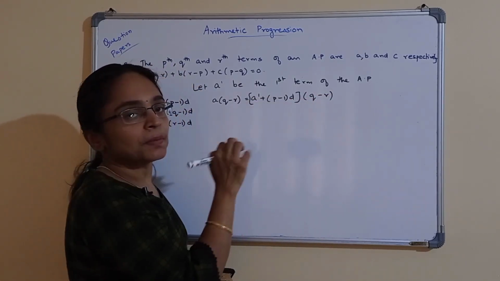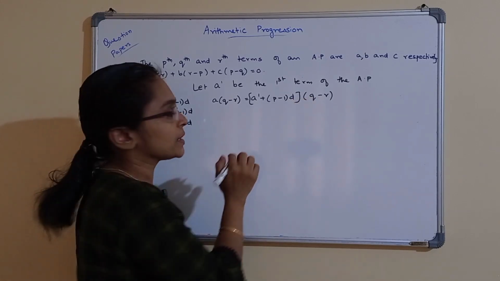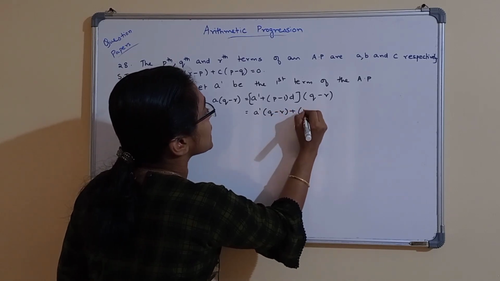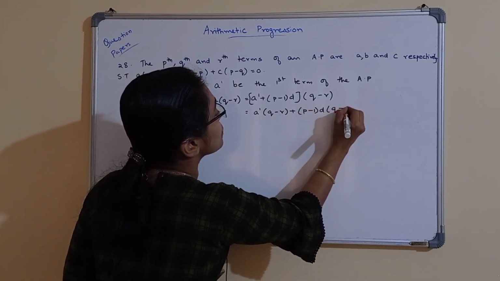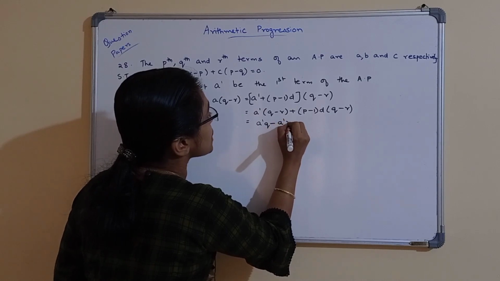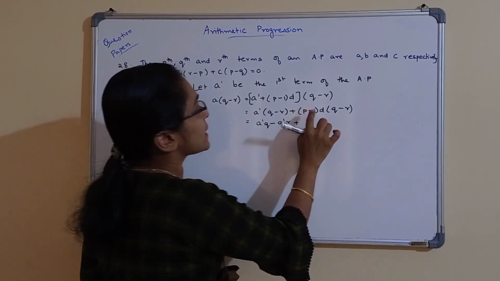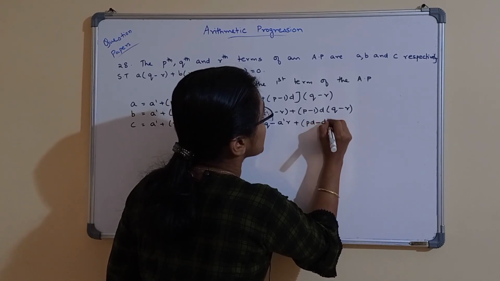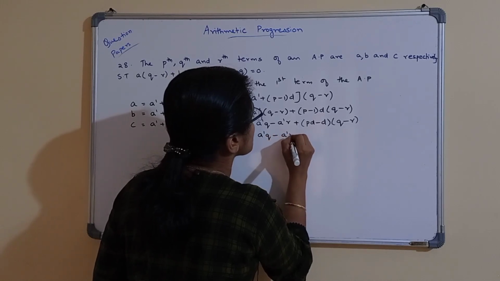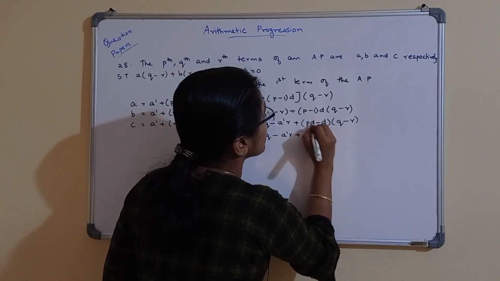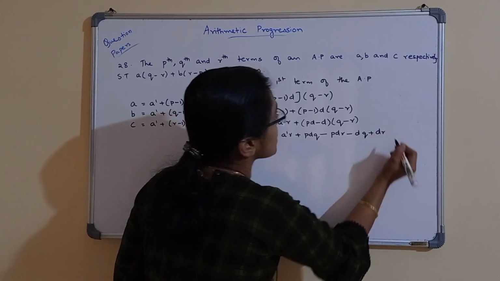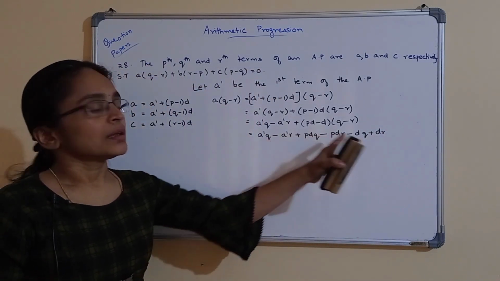So first we have to multiply this term by (q - r) and this term by (q - r), which is equal to a'(q - r) + (p - 1)d(q - r), which is equal to a'q - a'r + (pd - d)(q - r), which is equal to a'q - a'r + pdq - pdr - dq + dr. So we got a(q - r) as this.